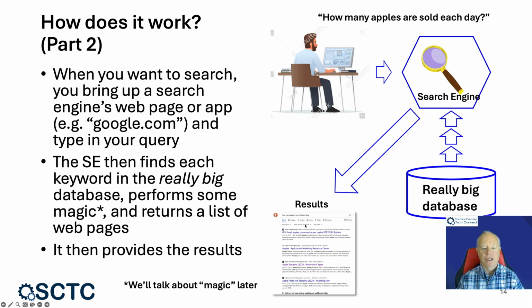And there's a bunch of magic involved, and we're going to talk more about that later. But that's the basis of how a search engine works: it essentially looks at all the words you typed, runs out to the internet, finds all the pages that have all those words, puts them all together, and then a miracle is performed, and it presents you with the results.